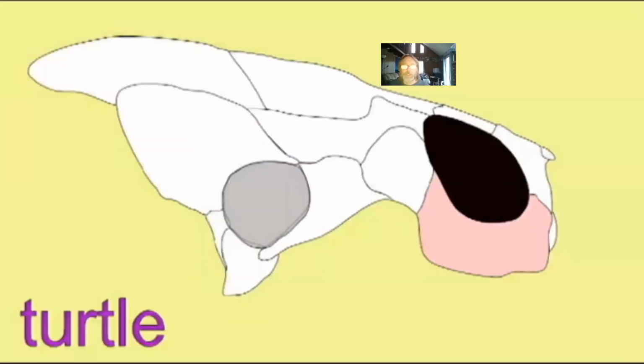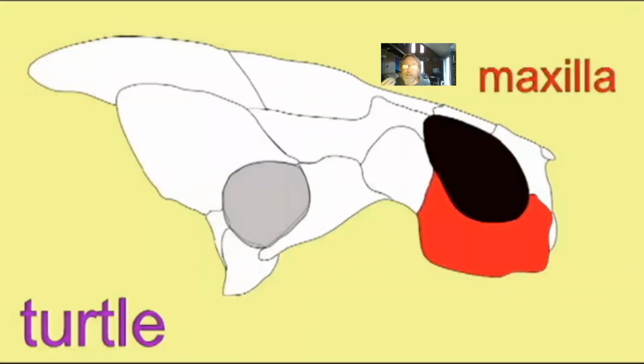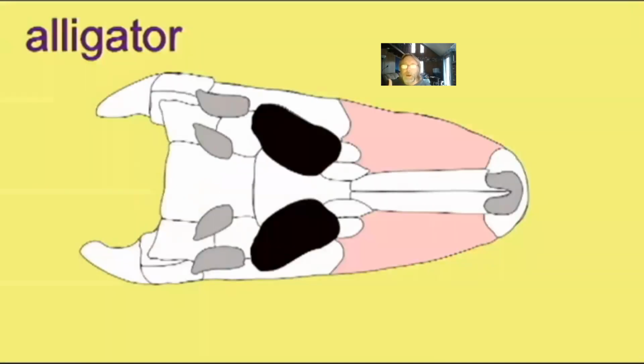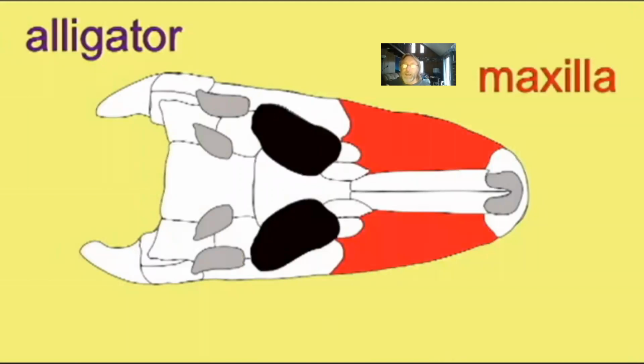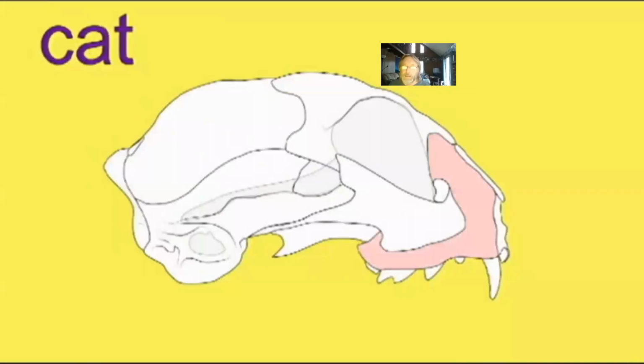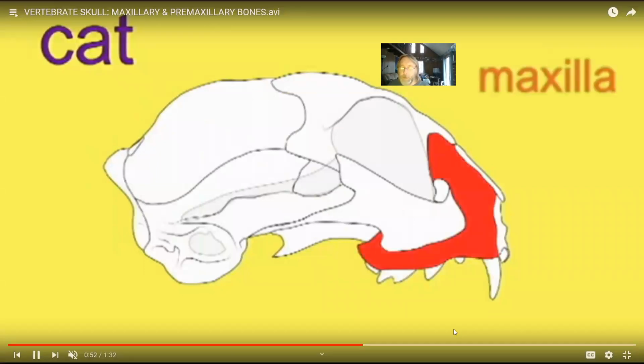And in humans, we develop both a maxilla and a premaxilla, but in our fetal development, the premaxilla fuses to the maxilla, so that in adult humans, all of our teeth are held only in the maxillary bones.